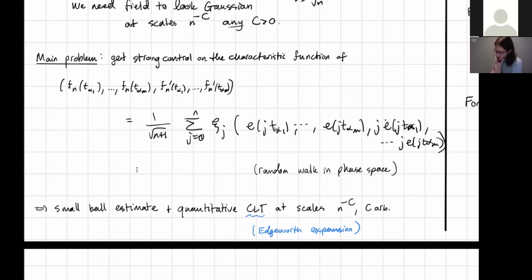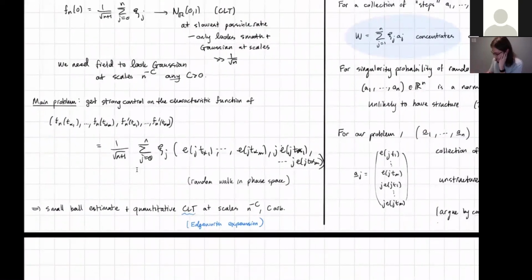So in terms of the x's, this is a sum. This is a vector valued random walk, and we need this to look like a Gaussian vector at very tiny scales.